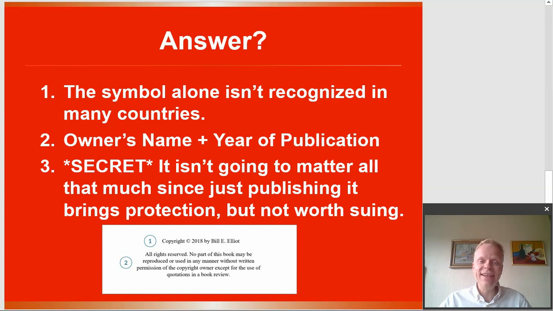Now, the secret is that all of this work really doesn't matter that much, and there's a couple of reasons why. And the first reason, it's because when you publish the book out there, whenever it's put out into public and connected with you, you already have a copyright on it. People cannot just go ripping off your material.